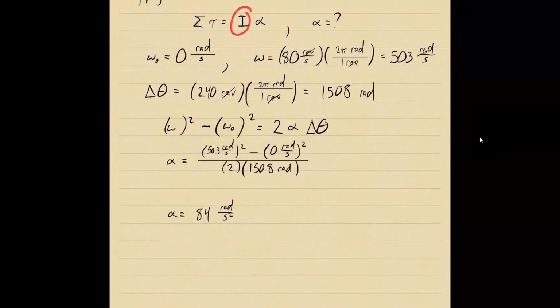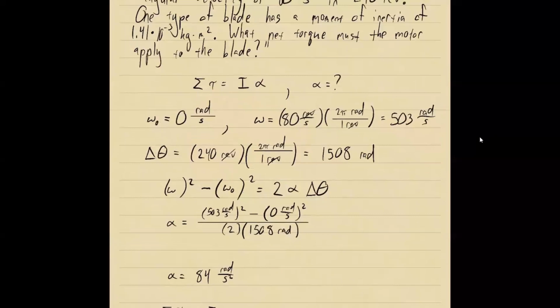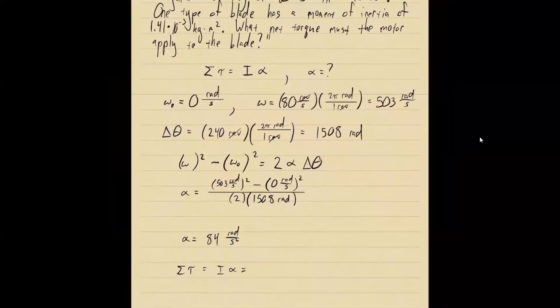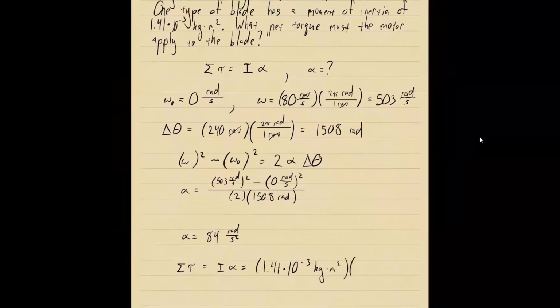We just take the moment of inertia of our blade, multiply it by this angular acceleration, and that gives us the net torque acting on our blade. So the net torque acting on our blade is equal to the moment of inertia times our angular acceleration. The problem tells us that the moment of inertia for this blade is 1.41 times 10 to negative 3 kilogram meters squared, times our angular acceleration of 84 radians per second squared.